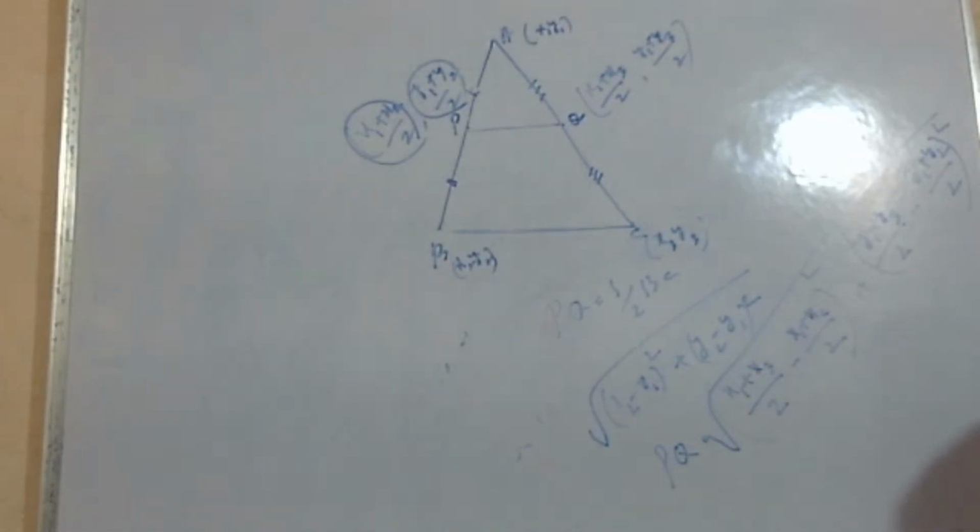Now simplify this. Okay. Then find the distance of BC.